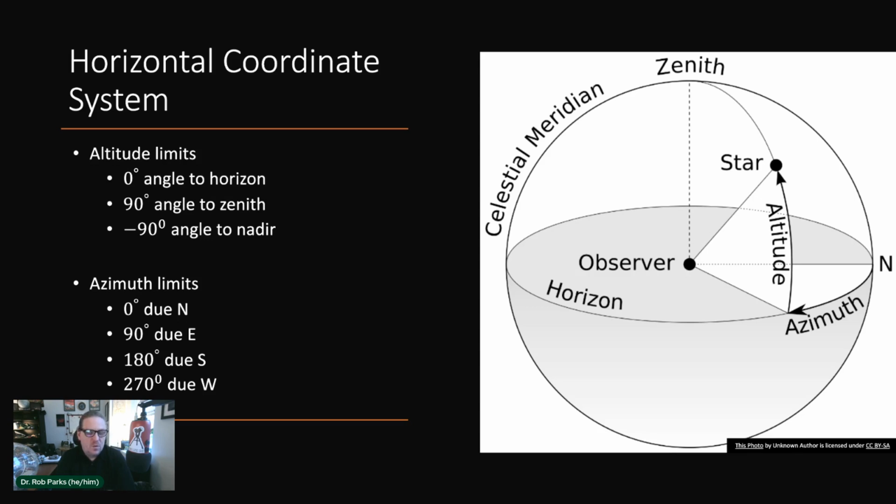The thing to note about the horizontal system, and this is why Hipparchus could only do a differential sort of catalog, is that, as you might expect, a star's altitude and azimuth are constantly changing. They are strictly location and time dependent.